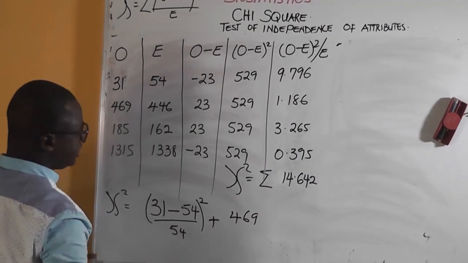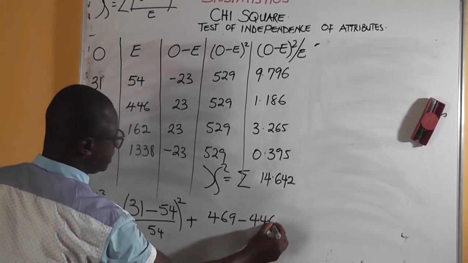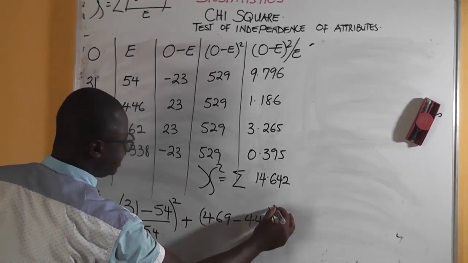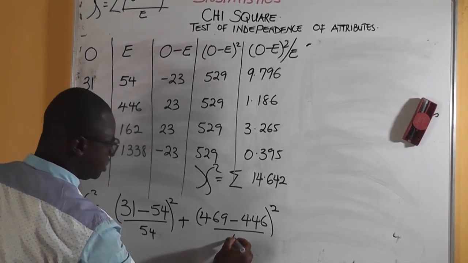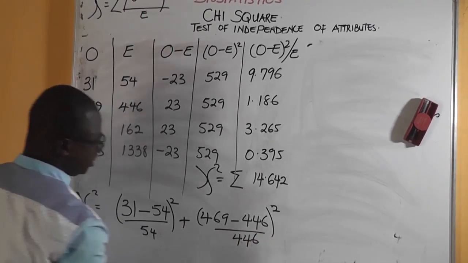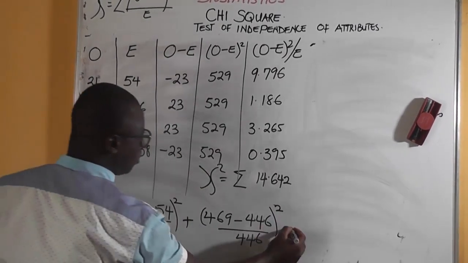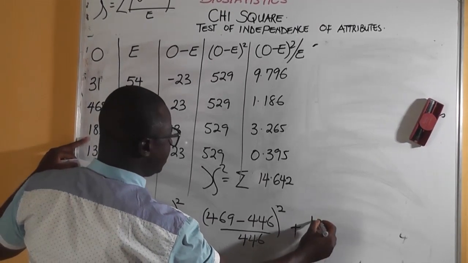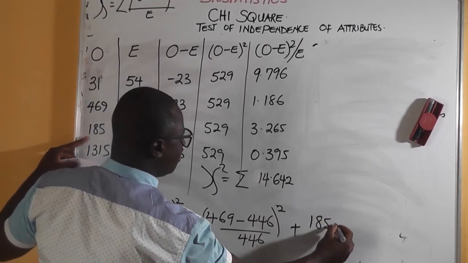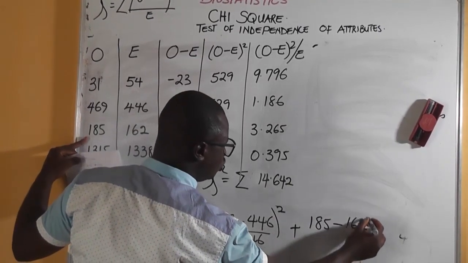469 minus 446. I'll put everything like this, squared. Then all over the expected value, which is 446. Now, the third one will be 185 minus my expected value, which is 162.